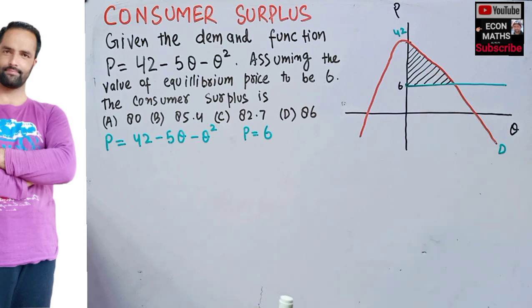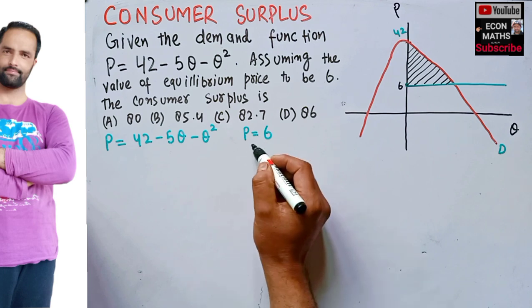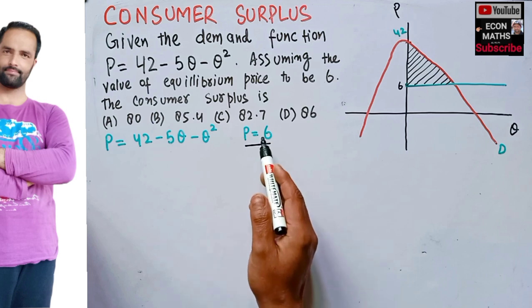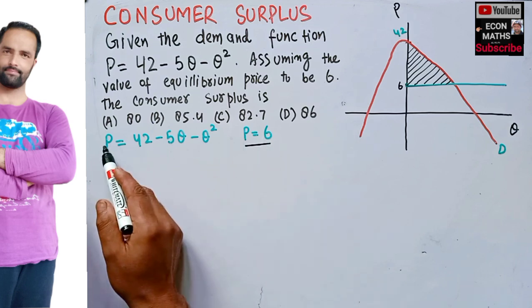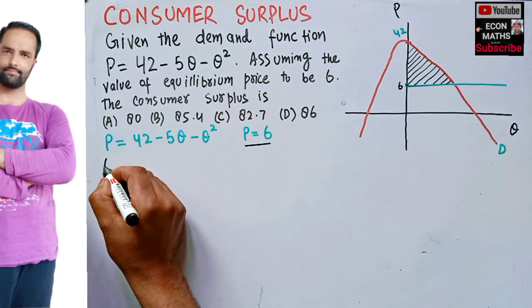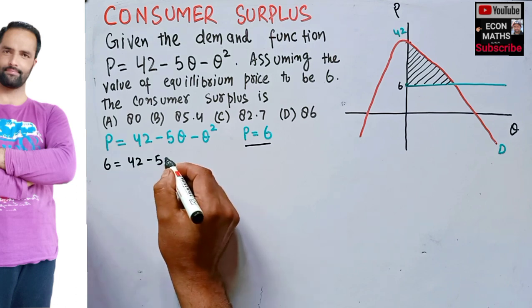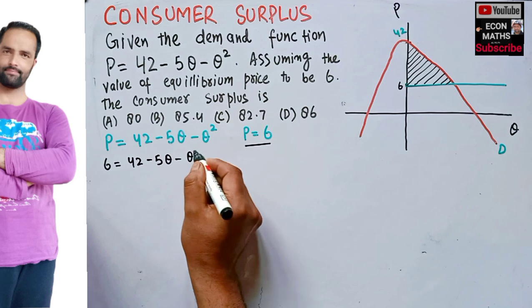So the first thing we need to find out is, when price is equal to 6, the equilibrium quantity. If price is equal to 6, let's put P is equal to 6. That implies 6 will be equal to 42 minus 5Q minus Q square.